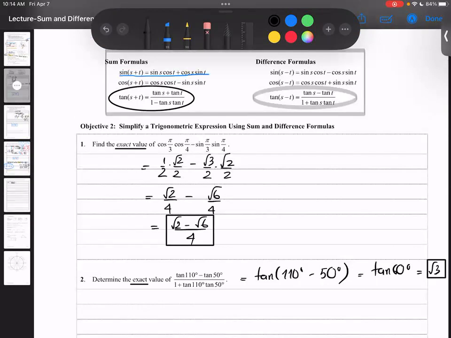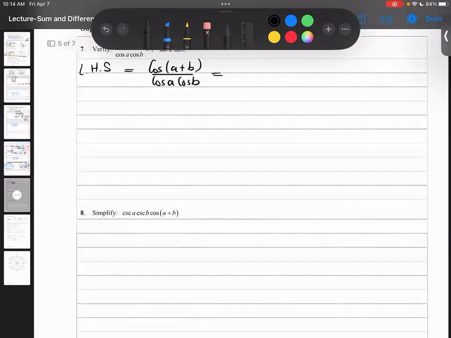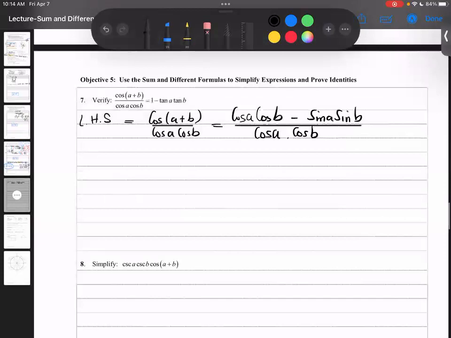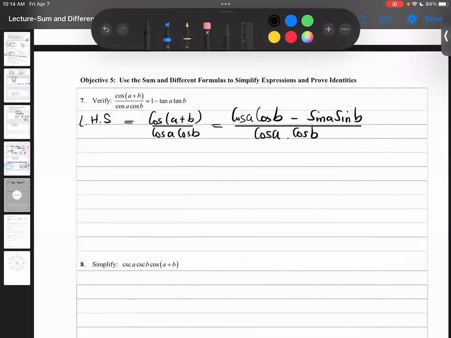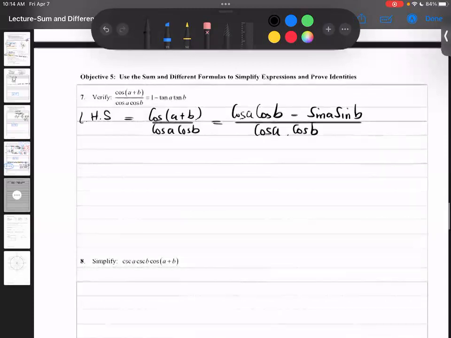So it's going to be cosine A cosine B minus sine A sine B, over the denominator, which is cosine A times cosine B. Don't write this down.